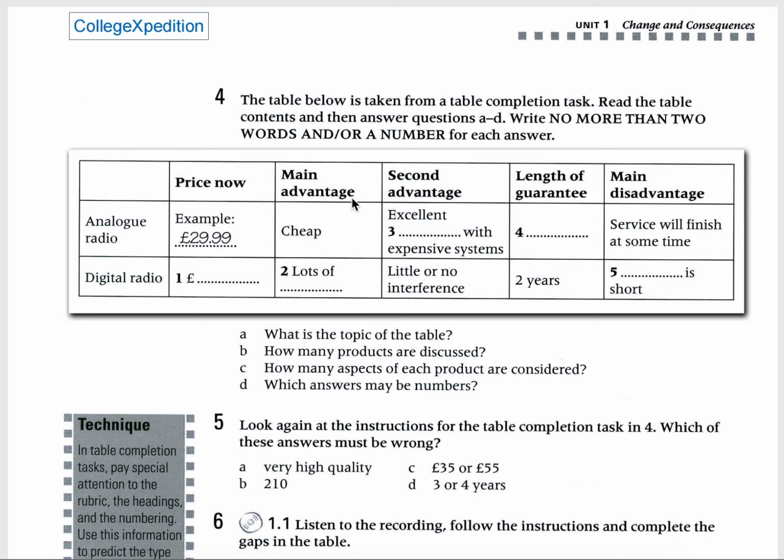Here for the analog radio, you know that the service will finish at some time. But then you are going to guess the disadvantage of the digital radio. You have the keyword "short" here, but what is it that is short? That's your job. And then you are going to be thinking about the opposite of this.